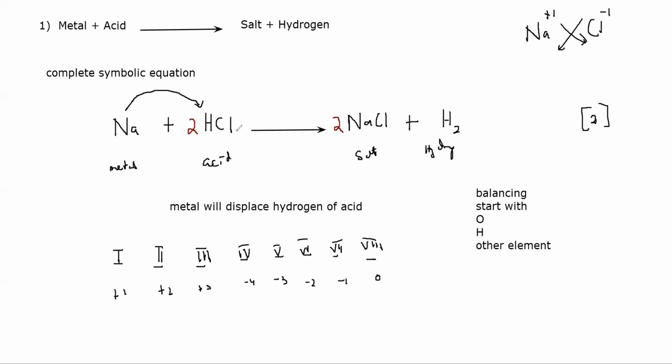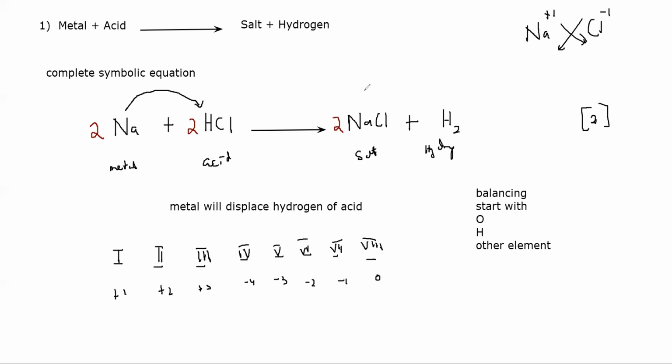So hydrogen is balanced, chloride is balanced. What about sodium? How many sodium on the right hand side? 2. And how many sodium on the left hand side? 1. So that's why I will put 2 here as well. So this equation is balanced in terms of hydrogen, in terms of sodium, and in terms of chlorine.